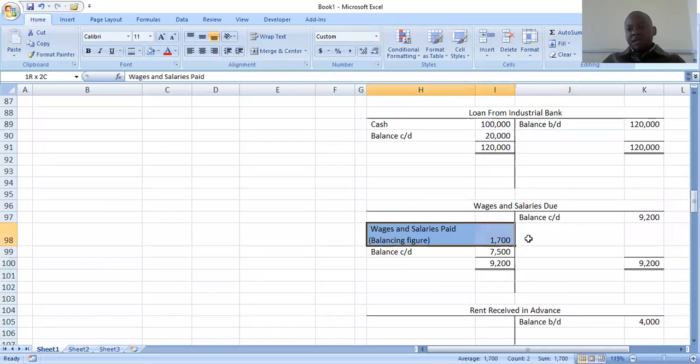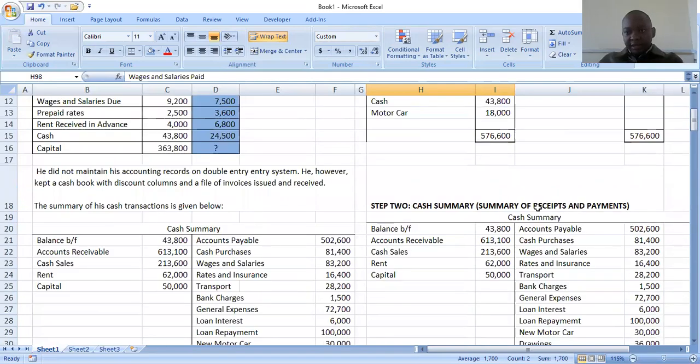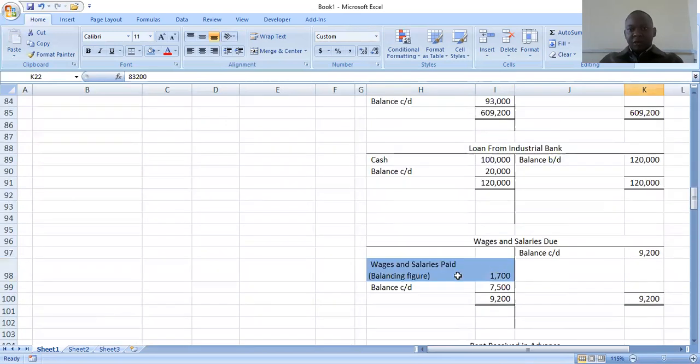It means that the wages and salaries due of 1,700 were paid, and these were paid in the cash book, whereby you can see where wages and salaries of 83,200 were paid. But we put this amount in the wages and salaries account. But this 1,700 ought not to have gone to the wages and salaries expense account.